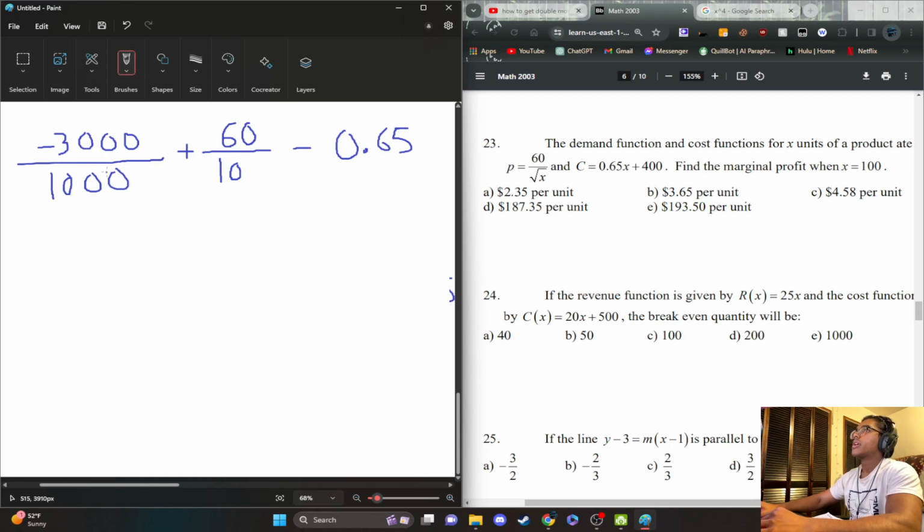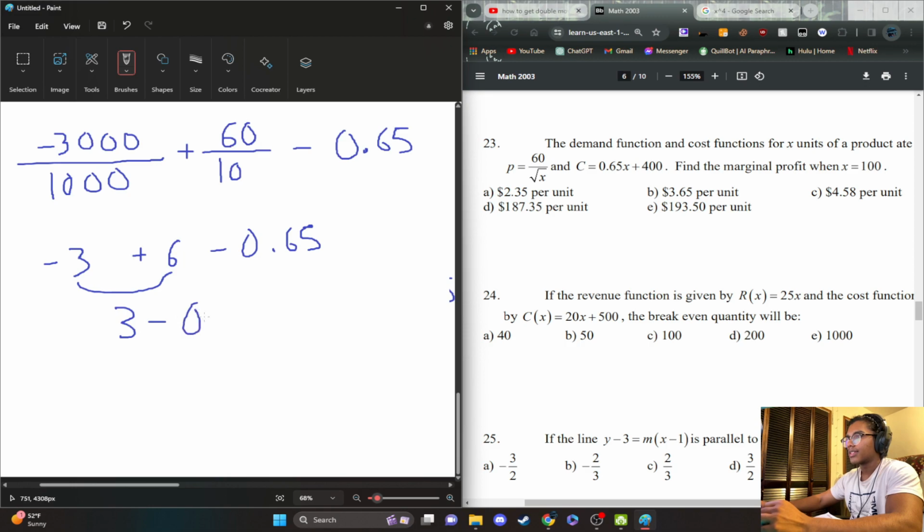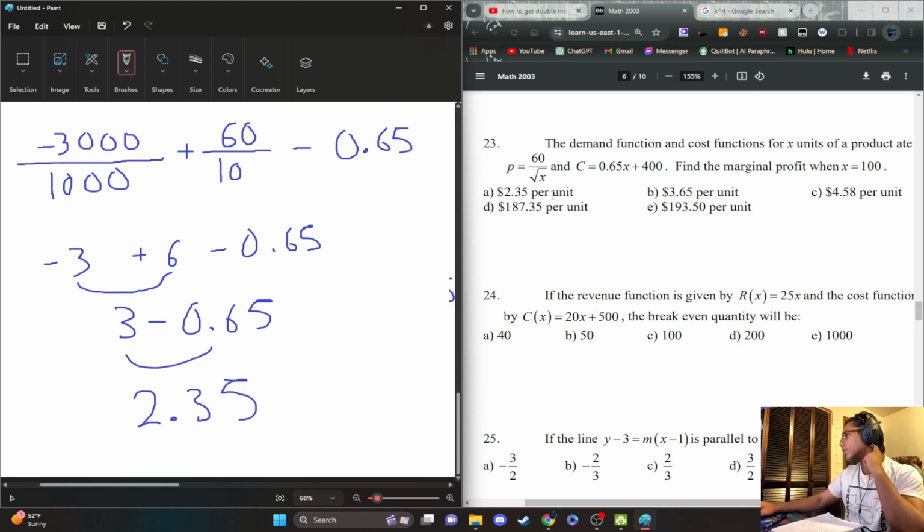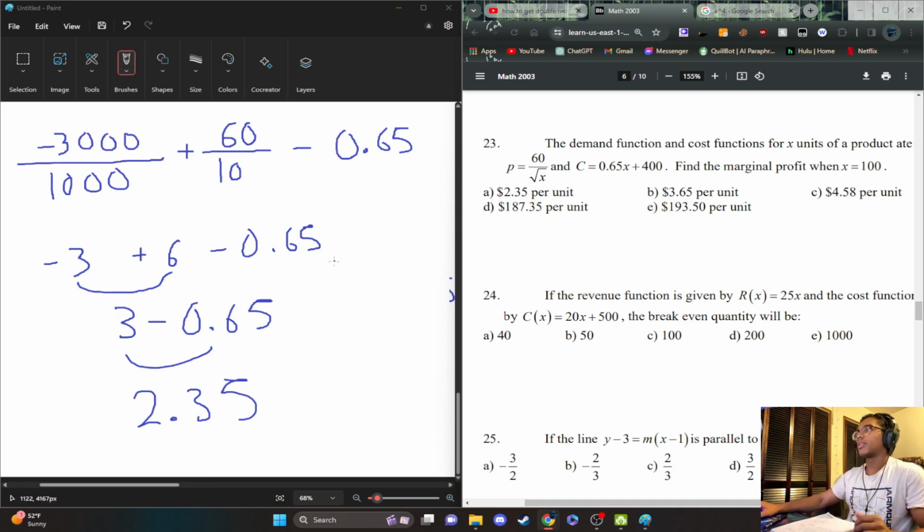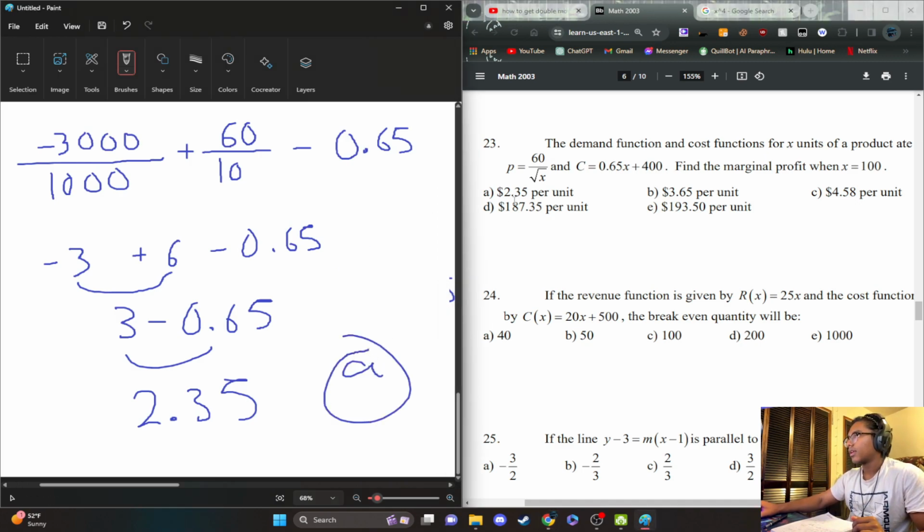Okay, now negative 3,000 over 1,000 is negative 3. And 60 over 10 is 6 minus 0.65, right? So negative 3 plus 6 is 3, minus 0.65 is 2.35. Now, are any of the answers matching this? Yep, number 23 is A, which is this.